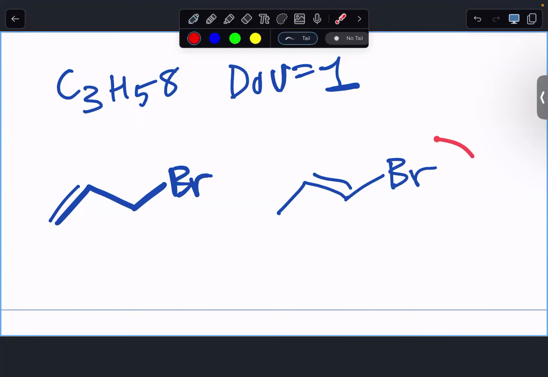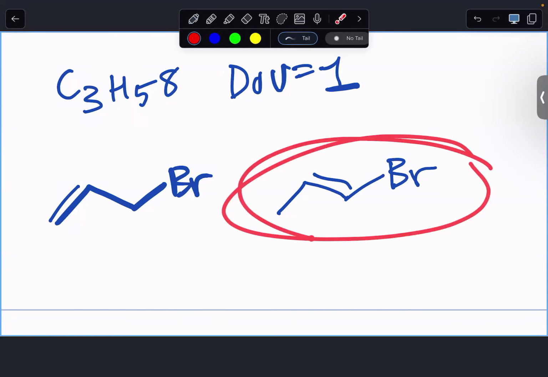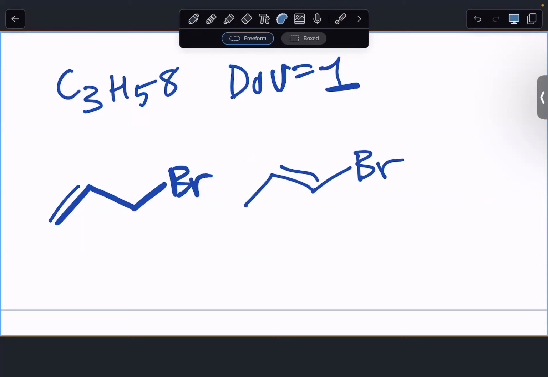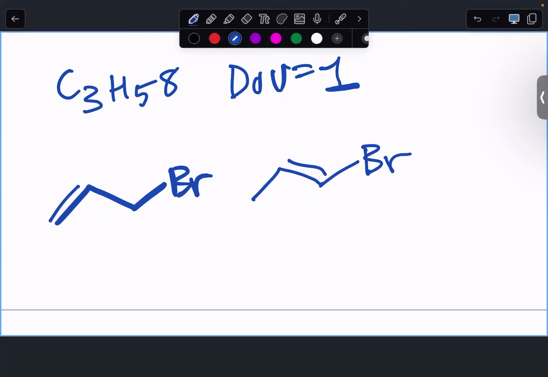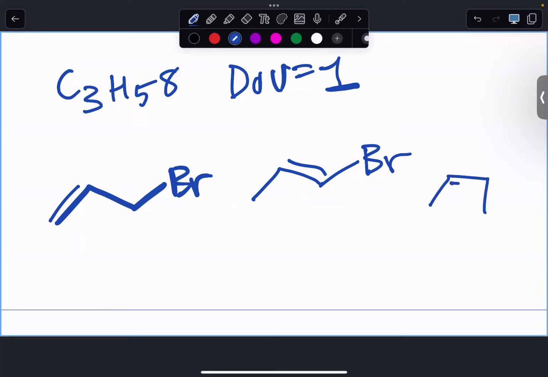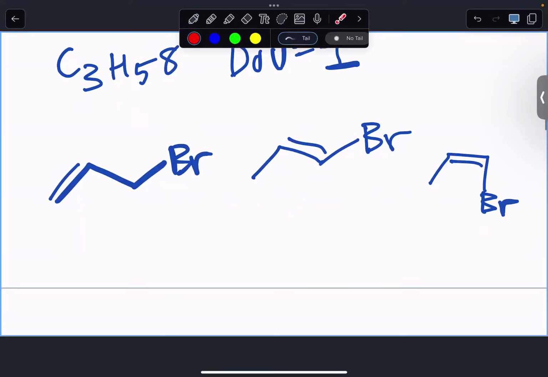What do you guys notice about this double bond here? Mono-substituted, tri, tetra, di-substituted, right? And what kind of di-substituted is this alkene? Trans, right? Where we could draw the cis version of it, which is a different kind of isomer. So that's another possibility as well.